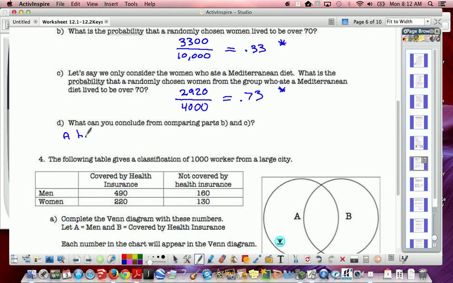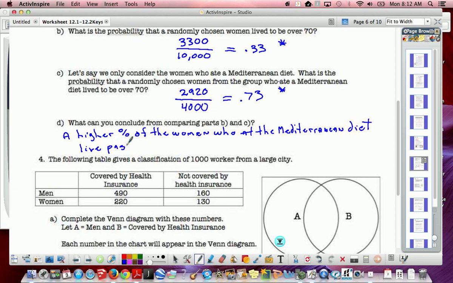A higher percent of the women who ate the Mediterranean diet lived past 70 than whether or not you didn't.